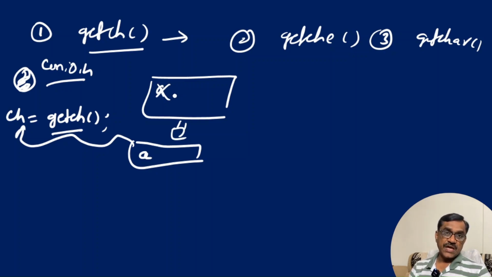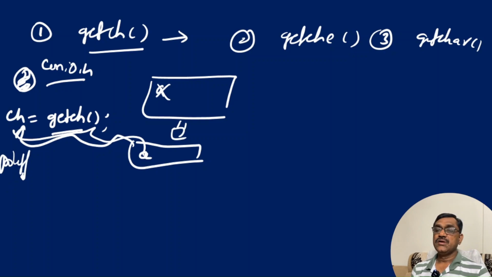Generally, whenever you press a character on the keyboard, instantly that character is displayed on the screen. But here, when you use getch, it is waiting for the character to be given. When you press A on the keyboard, it is not displayed on the screen. Automatically, without displaying on the screen, the character is read into the variable ch.